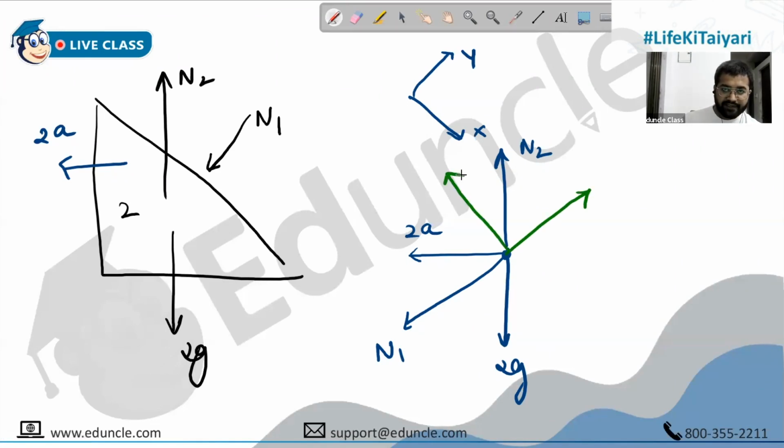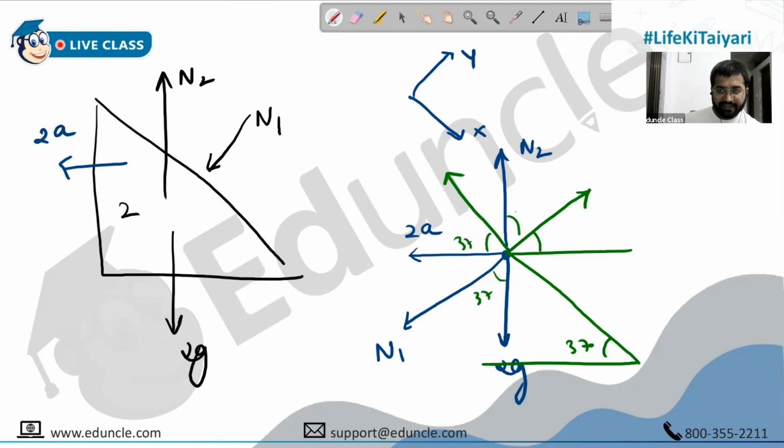What about the angles? Here I had 37, if you remember. So this becomes 90 minus 37, and this becomes 37 once again. So this is N2 cos 37. This is N1 sin 37. Last attempt, people. Let's try this.